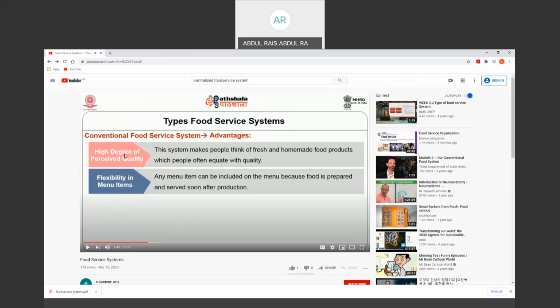Okay, high degree of perceived quality sebab orang perceive dekat restoran dia prepare makanan tu fresh on the spot, dia tak prepare sehari 2 hari advance. So that's why high degree of perceived quality tu agak tinggi dalam conventional food service ni.